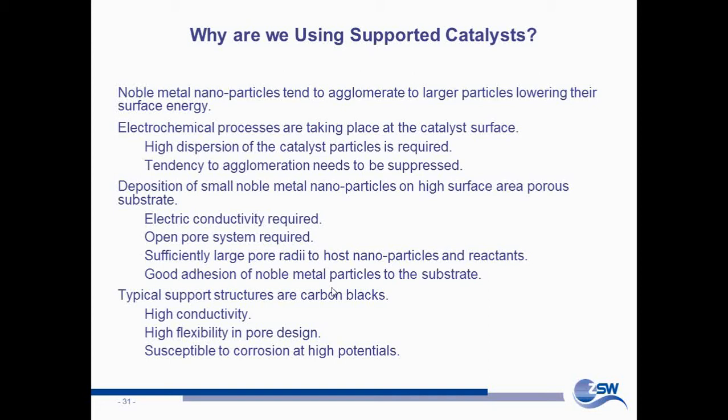It might be thermodynamically almost stable at the potential of the fuel cell anode, but at the potential of about 200 millivolts versus hydrogen, carbon starts to become unstable and carbon starts to corrode into CO2.